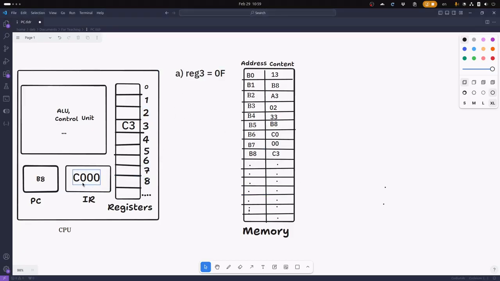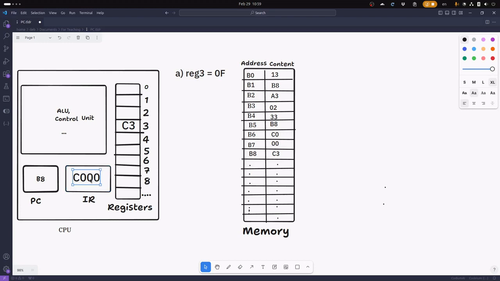After the machine halts, we found the value of memory cell B8 is C3, right? I hope you can remember how we got this. Before, the value of B8 was 0F, but it got changed to C3 after some other instructions, right?